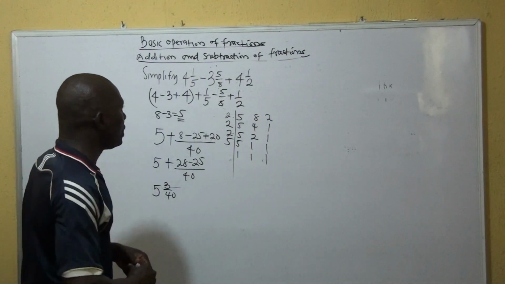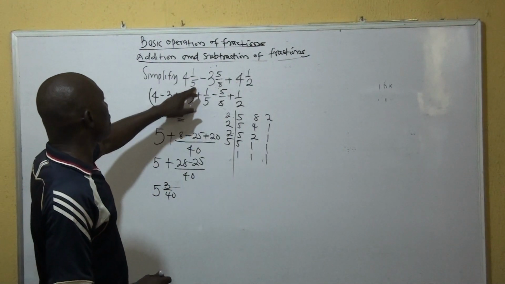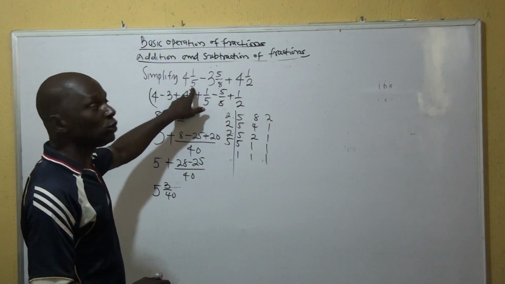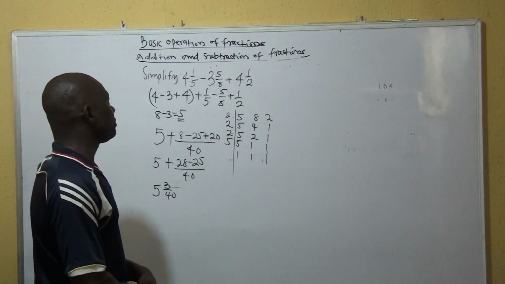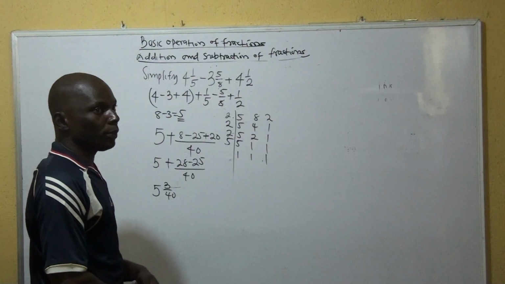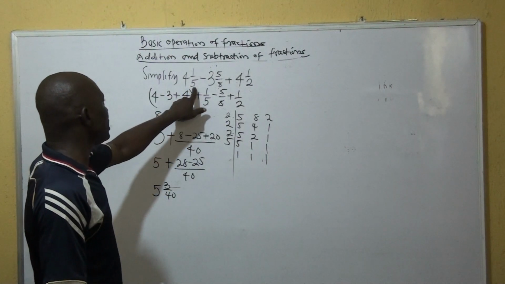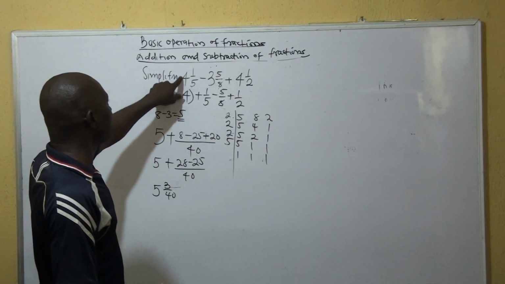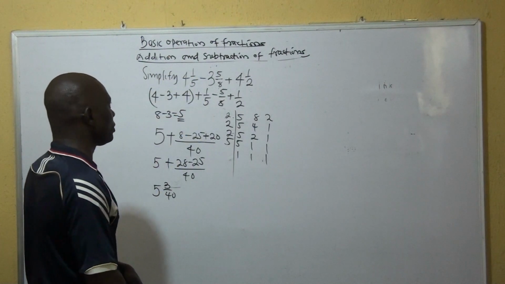Then another way of doing it is that we can simply change these mixed fractions to improper fractions by multiplying the denominator by the whole number part, then adding the numerator.